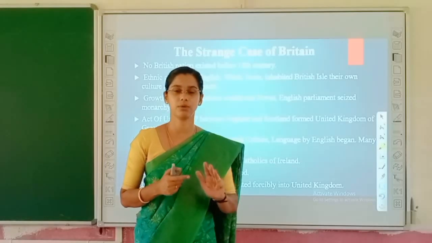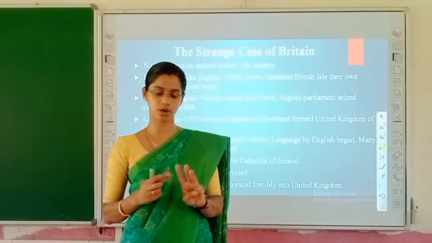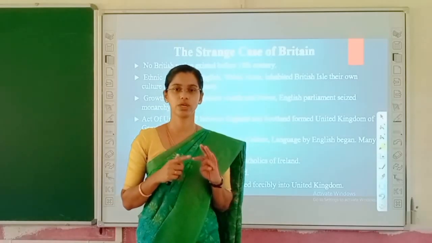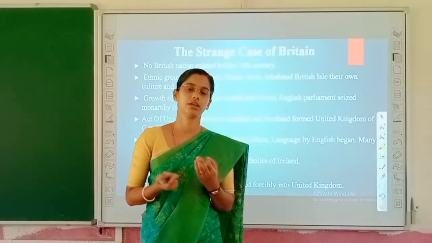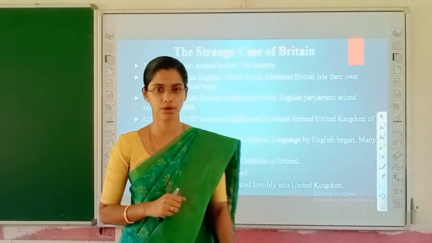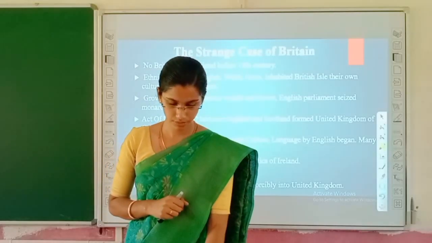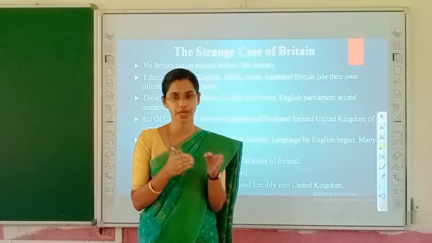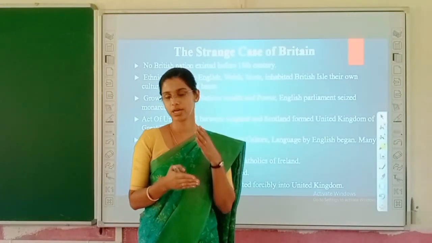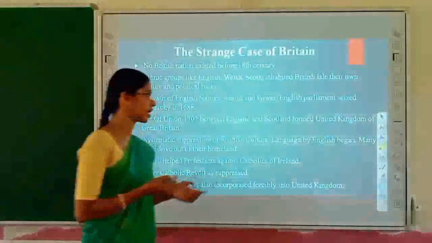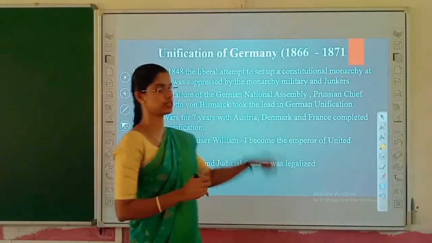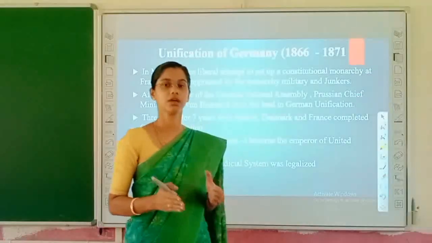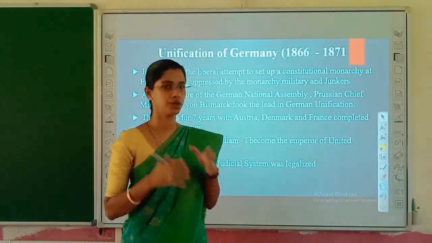Now we have discussed three unification processes: first, the unification of Germany, next, Italy, and last, Britain. Then I conclude. The unification process of Germany started in 1866 and ended in 1871, when Germany was unified.